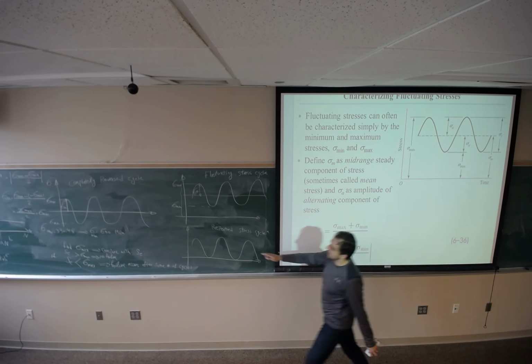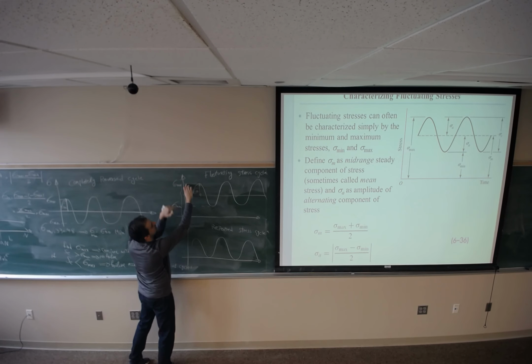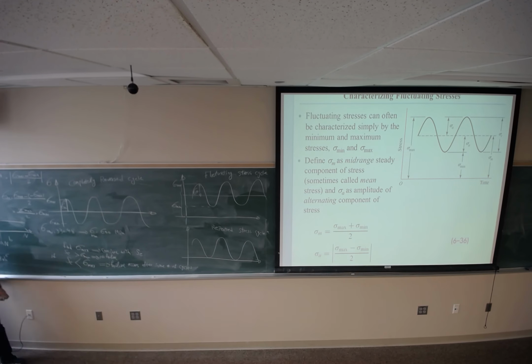Sigma max minus sigma min, I just subtract this portion, I'm left with this one, I divide by 2, and I get that portion of it.